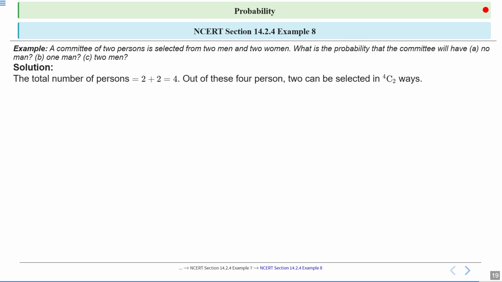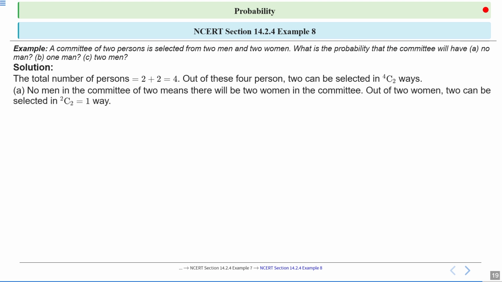Now, no men in the committee of two means there will be two women in the committee. Out of two women, two can be selected in 2C2 ways, that is one way.